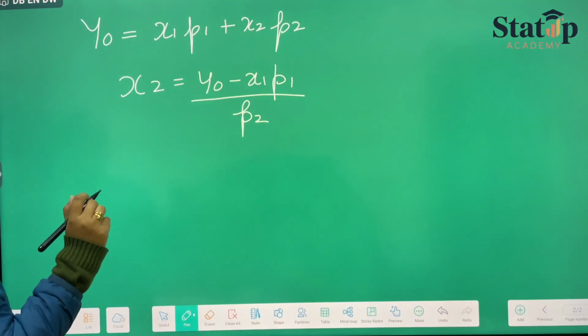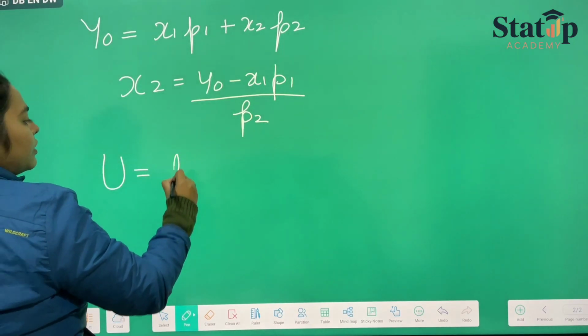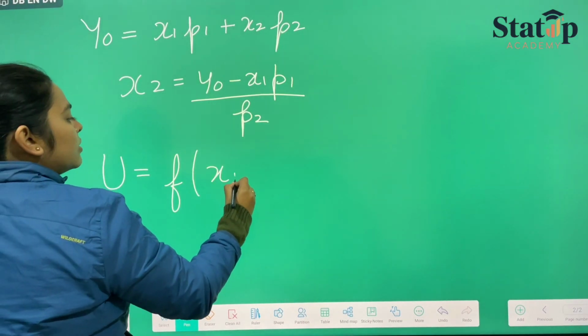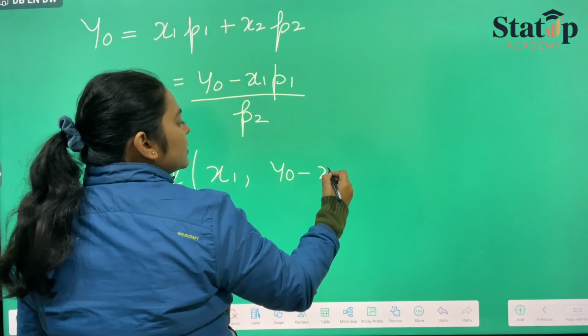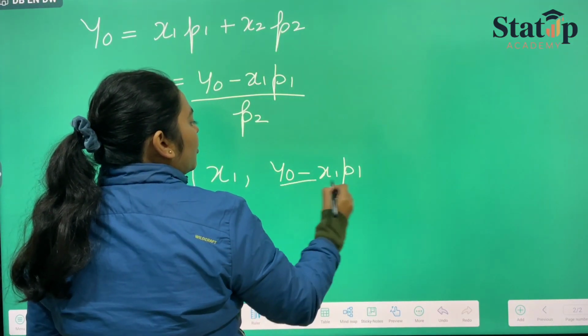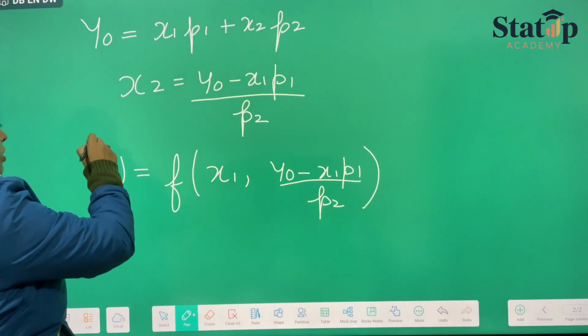This is our x2. So we can say that the utility function is a function of x1, and instead of x2 we can write y naught minus x1 p1 upon p2.